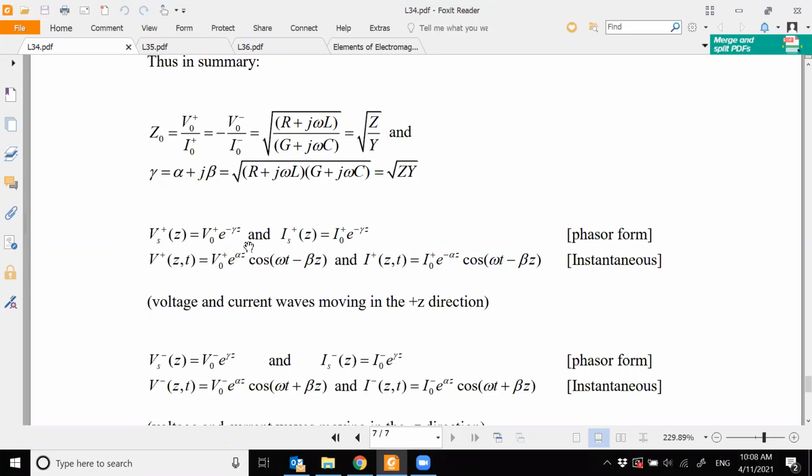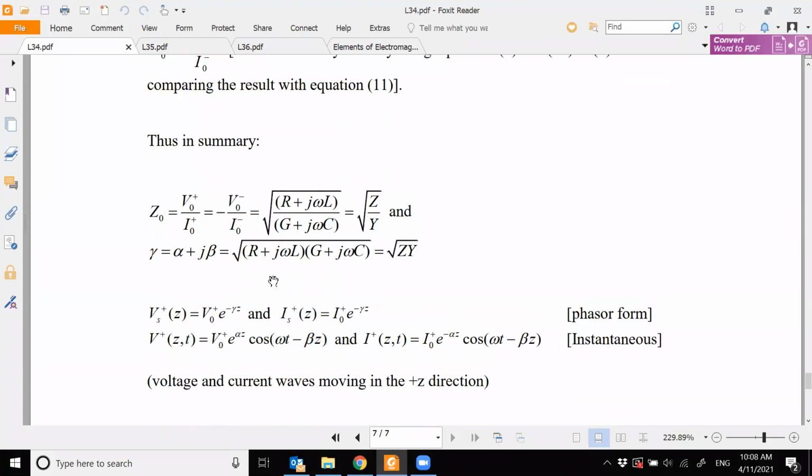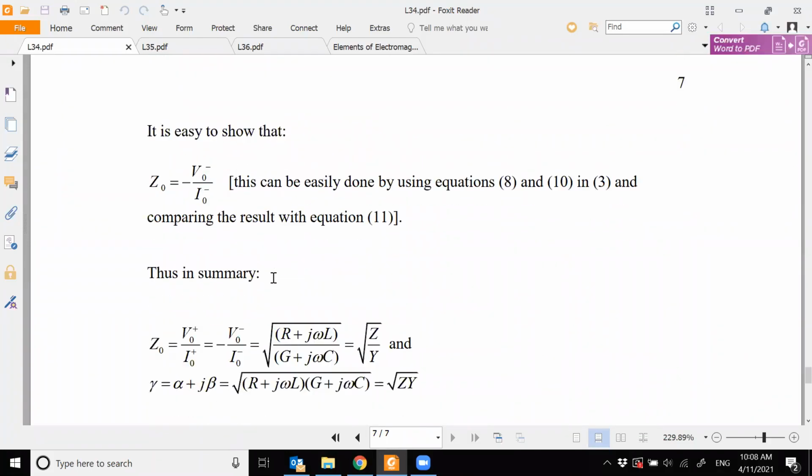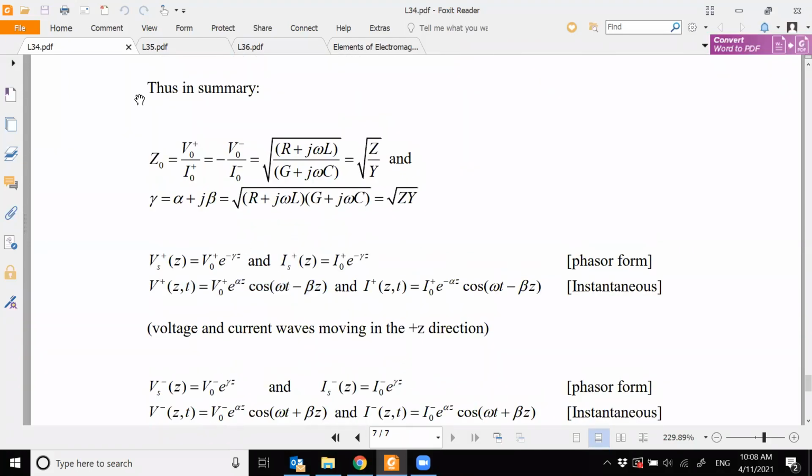And we have seen in the time domain that it is actually a traveling sinusoidal wave. Alpha is the attenuation constant, beta is the phase constant, where gamma is the propagation constant, which is alpha plus j beta.